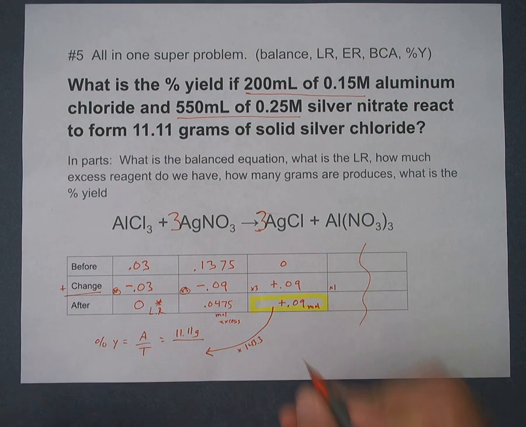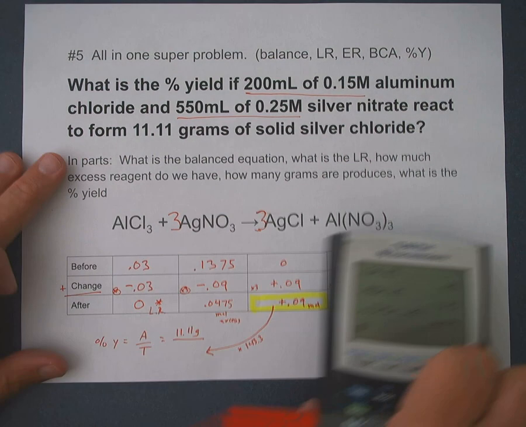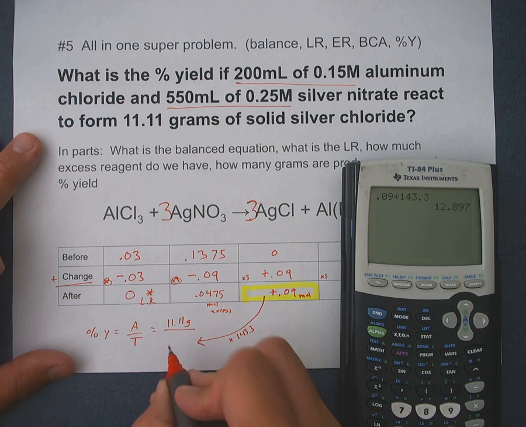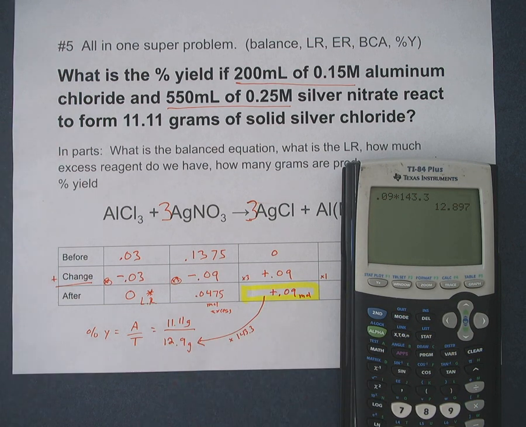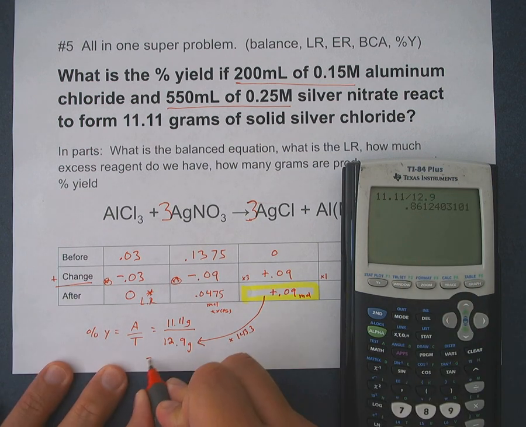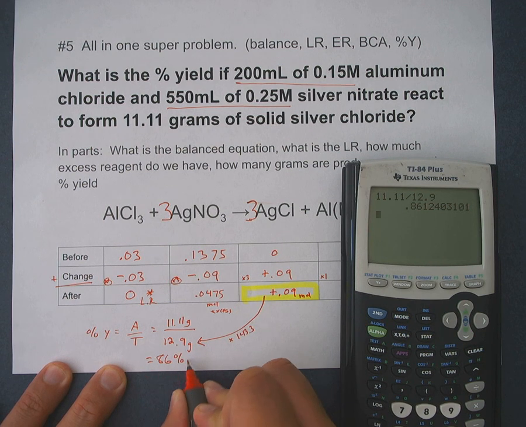So to convert it to grams, I will take, let me show you my calculator, the 0.09 and multiply it by 143.3 to give me 12.9 grams in theory that we should get. You see, I rounded that, of course. And the final step is to finally do the actual 11.11 divided by 12.9. I got 0.86, which remember is 86% yield.